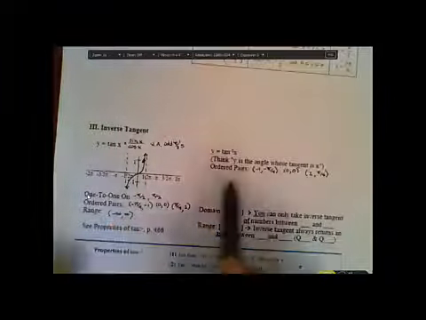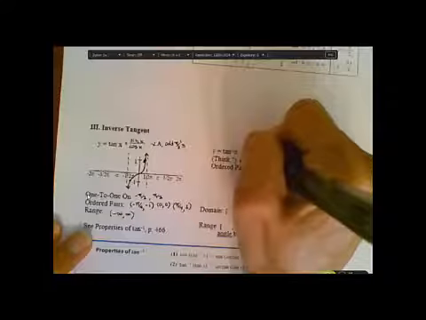And because the graph of inverse tangent is the graph of tangent reflected with respect to the line y equals x, wherever tangent has vertical asymptotes, inverse tangent is going to have horizontal asymptotes at negative pi over 2, positive pi over 2.